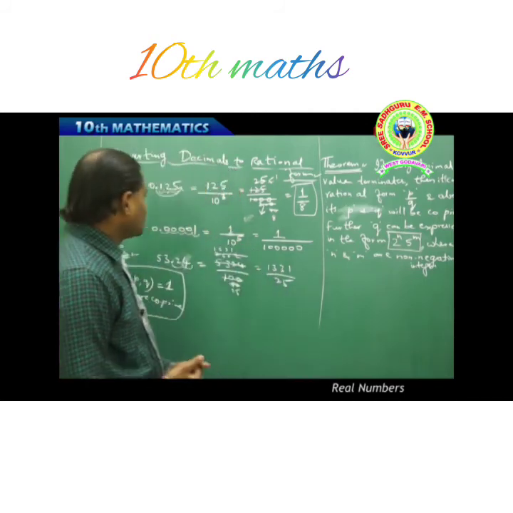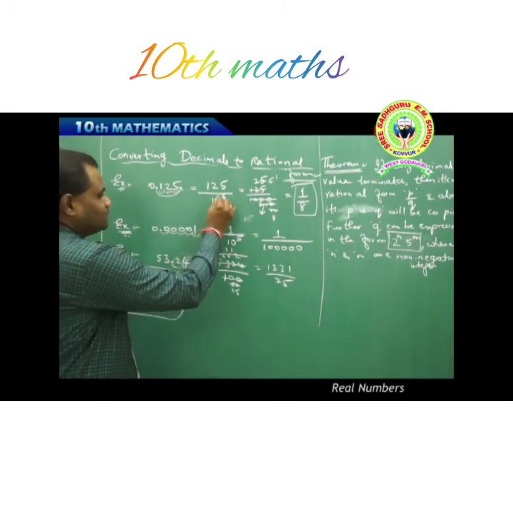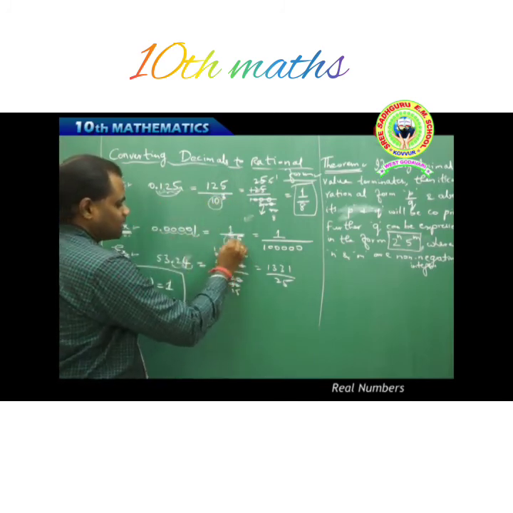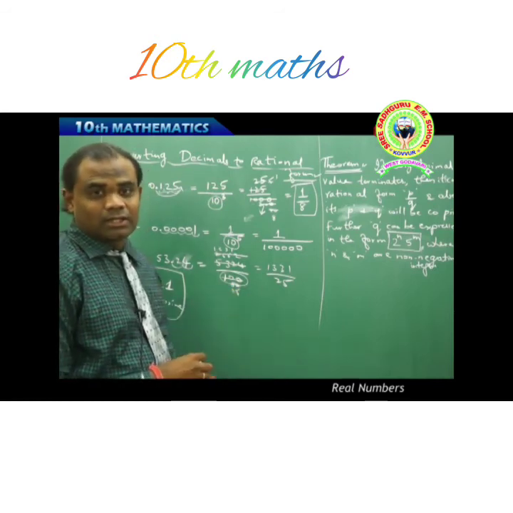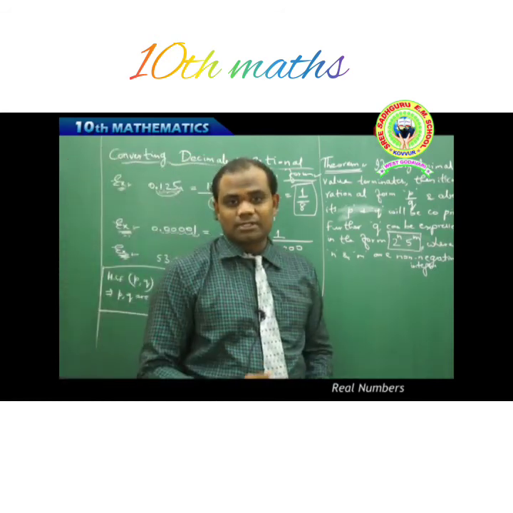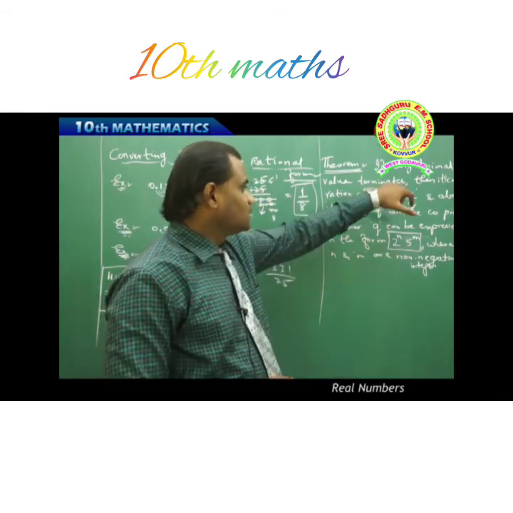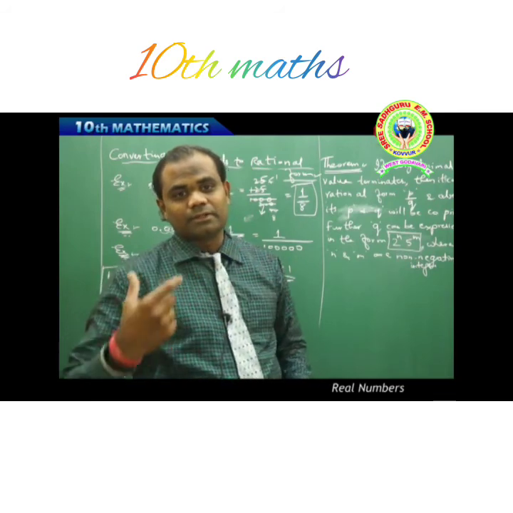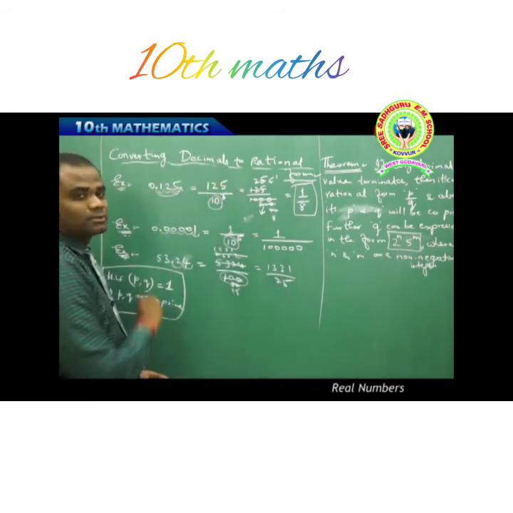Because whenever I wanted to convert the decimal value into the rational form, I divided by 10 power, 10 power, which is 100 as 10 square. So whenever a decimal is converted into the rational form, if the decimal terminates, then I divide with 10 power the number of steps the decimal has to jump to the right.